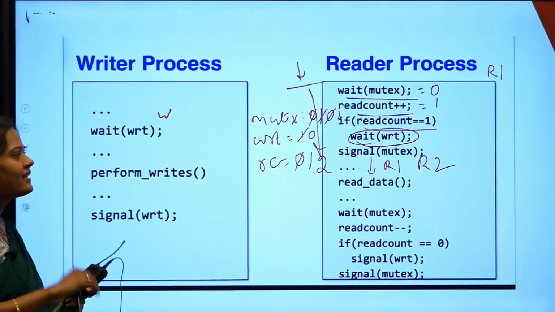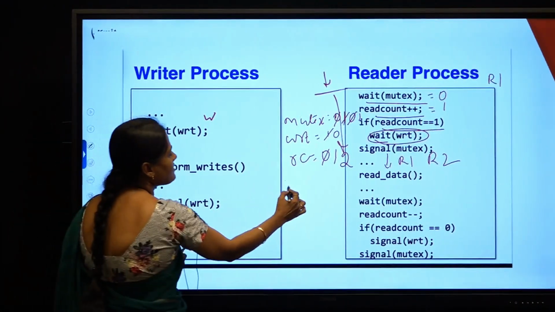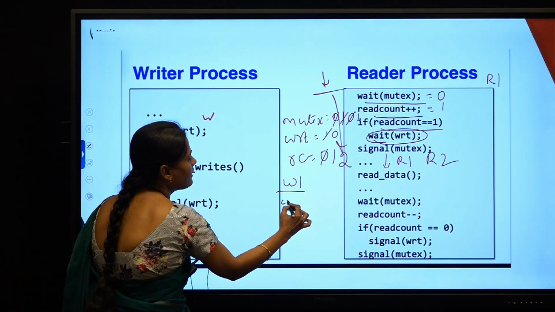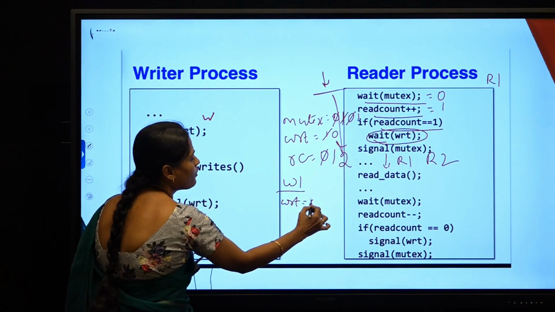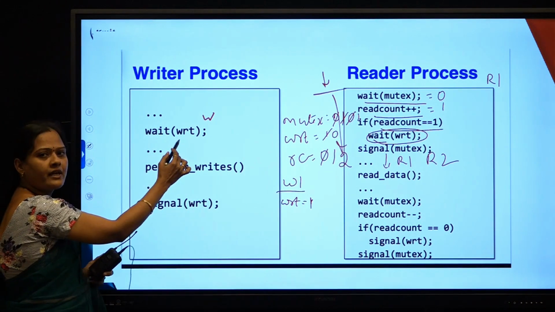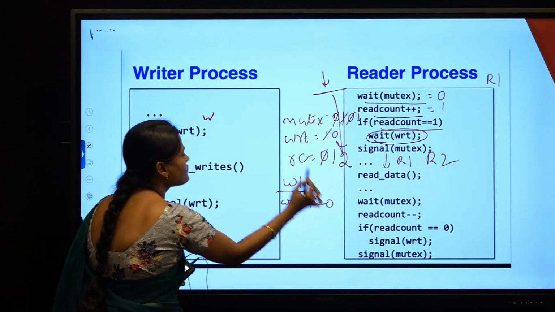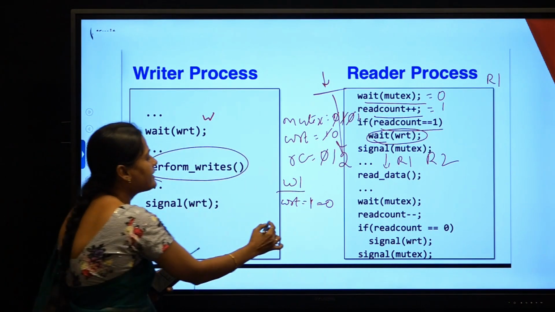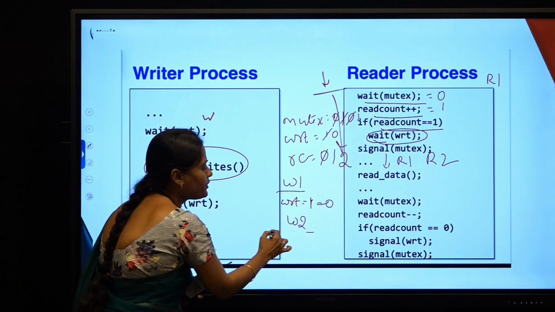Now we will check the other condition, where a writer W1 is in the critical section. We take the initial value of WRT as 1. Wait of WRT, so this will become 0 and it is performing a write operation. Now W2 also wants to enter the critical section.